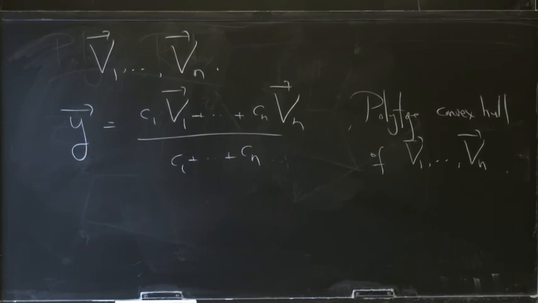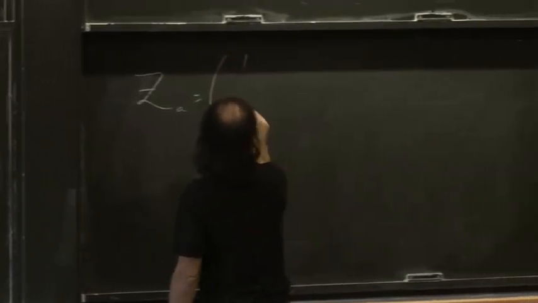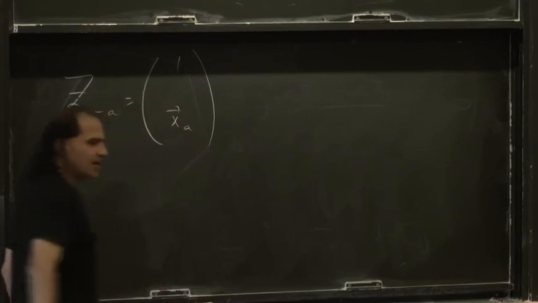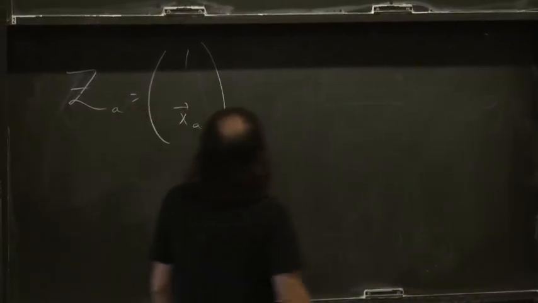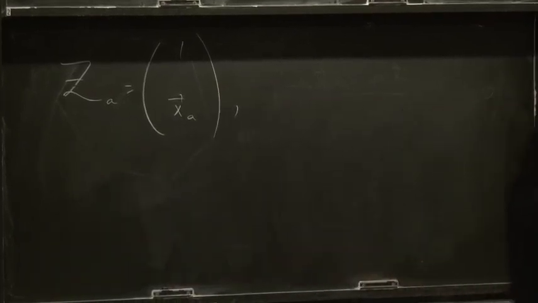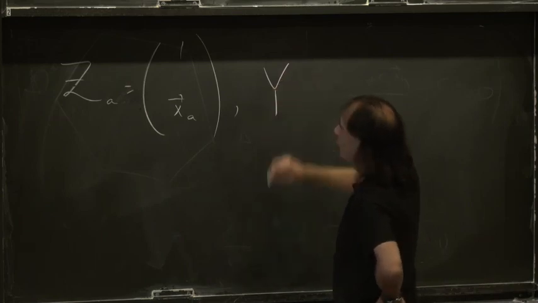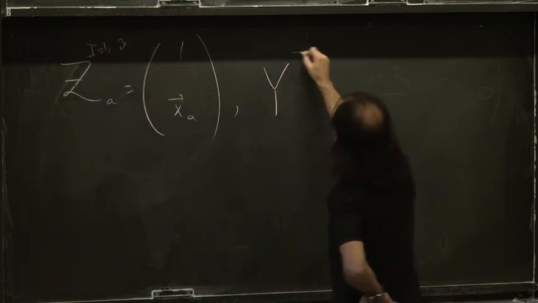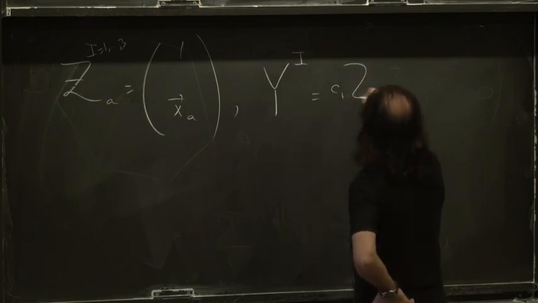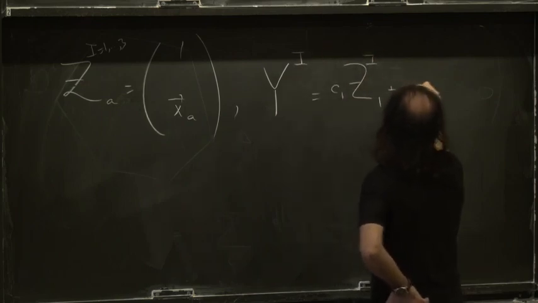Back in this picture, I will have some variables za, which are those two vectors xa with a 1 added. No problem doing that. And now the formula for y is much nicer. With zai now running from 1 to 3, the formula for yi is just c1z1 plus cnzn.